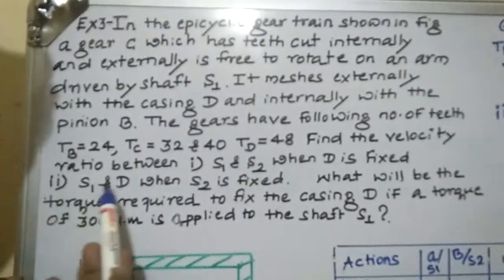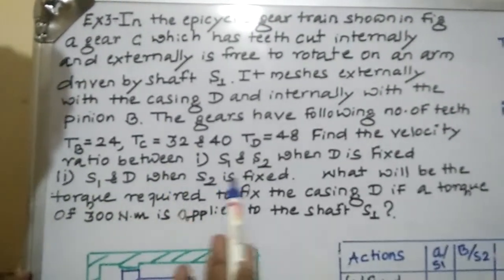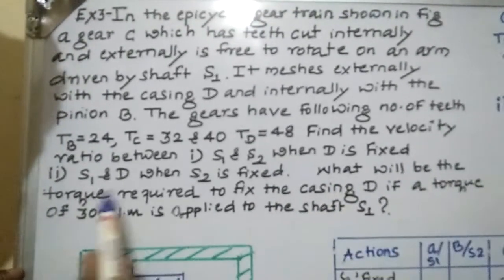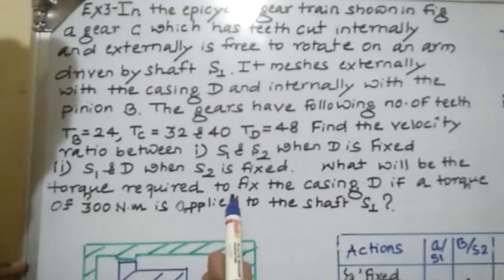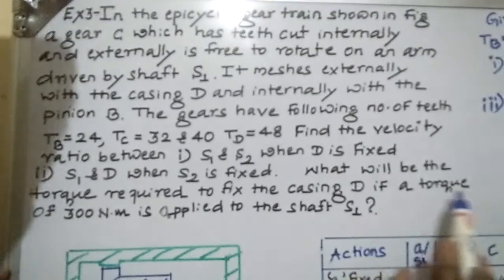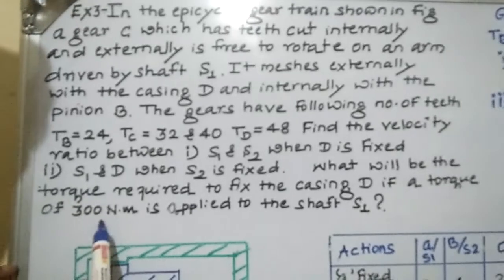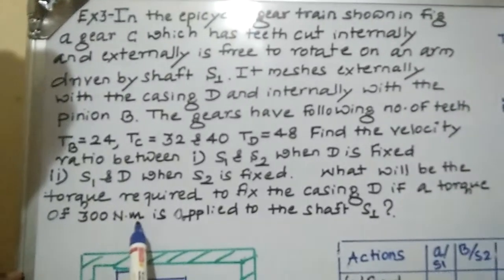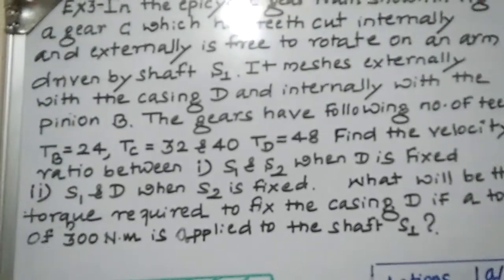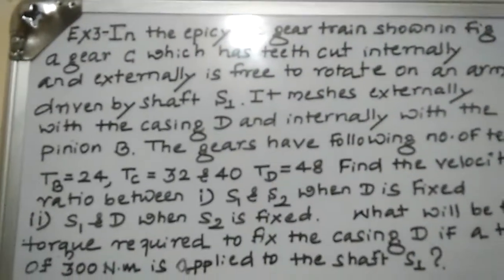Second, S1 and D when S2 is fixed. What will be the torque required to fix the casing D if a torque of 300 Newton meter is applied to the shaft S1? Okay, first I will explain the figure.